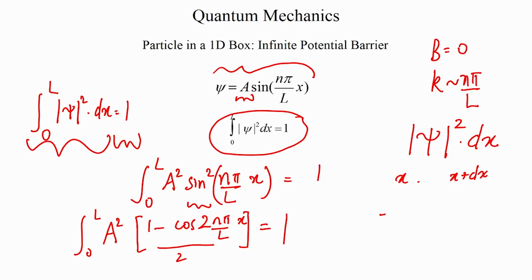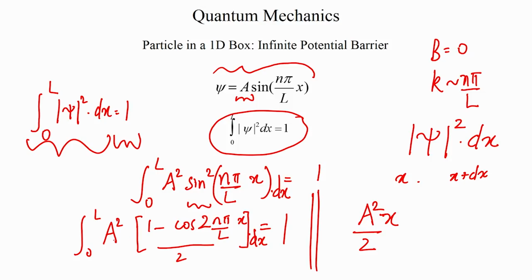Now this integral is simply A square by 2 into x. This is all with respect to dx, sorry, I had missed that out. So you are integrating with respect to x everywhere.